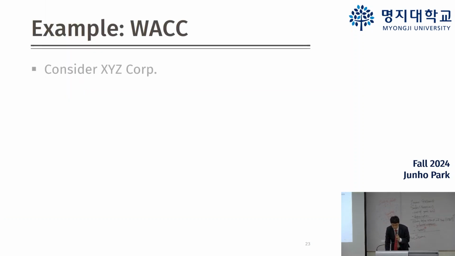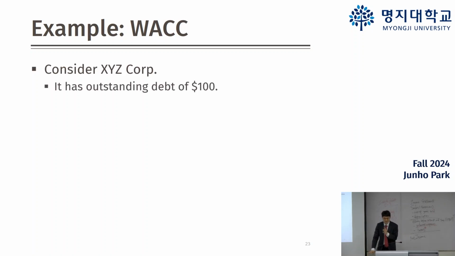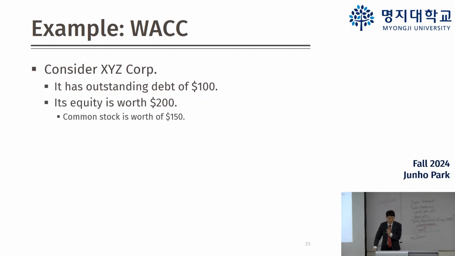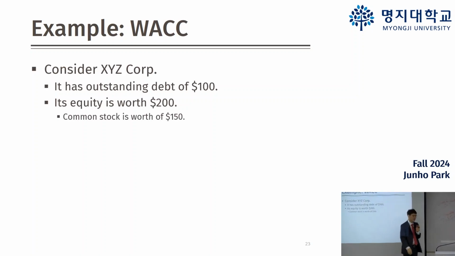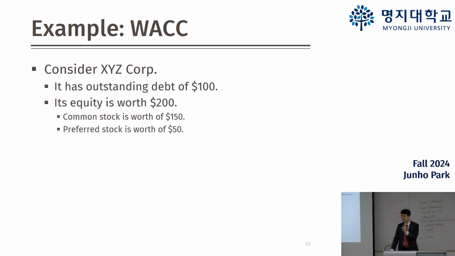So let's think about an imaginary company, XYZ, and this company has debt of 100, equity 200, and among the equity, 100 is from common stock and the other 50 is from preferred stock.